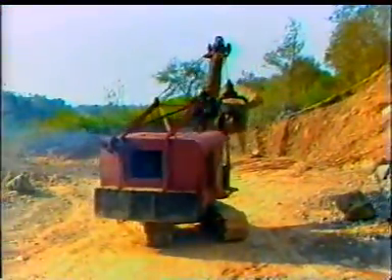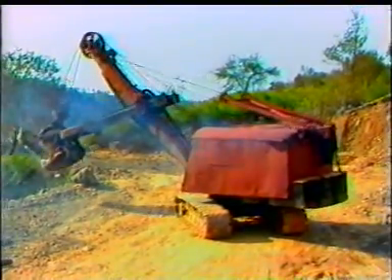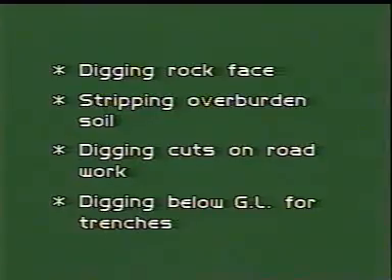Uses. The power shovel can be used for a variety of operations such as digging of rock face, stripping of overburdened soil, digging cuts on road work, digging below grade or ground level for construction of trenches.